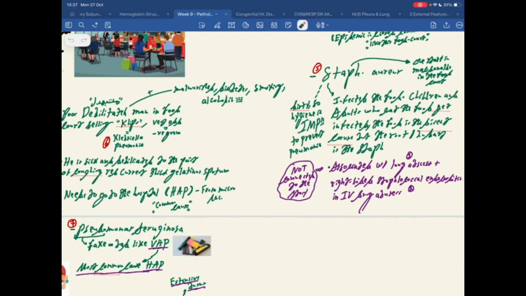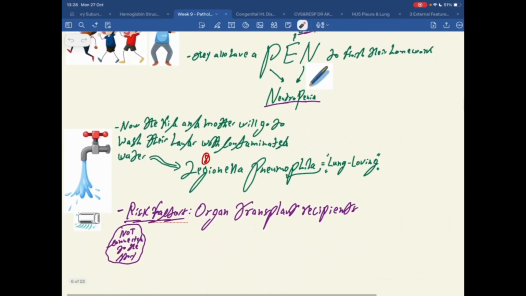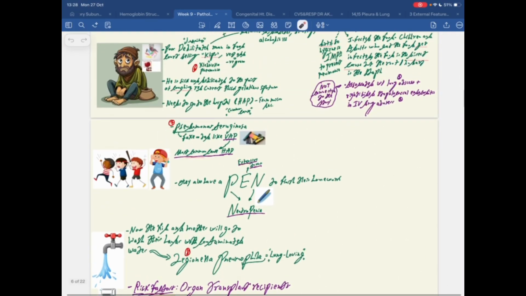They're also associated with lung abscess and right-sided staphylococcal endocarditis in IV drug users. I think this one we know from CVS, okay, for the IV drug users one. So keep those two in mind. And for Legionella pneumophilia, a very important risk factor is organ transplant recipients, okay? So keep those things in mind.